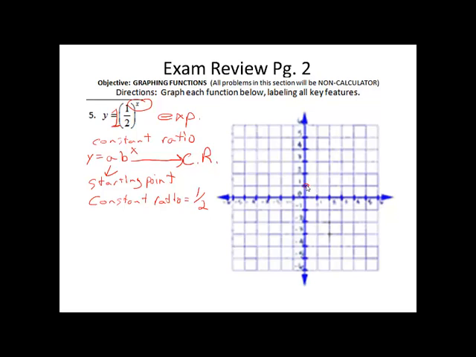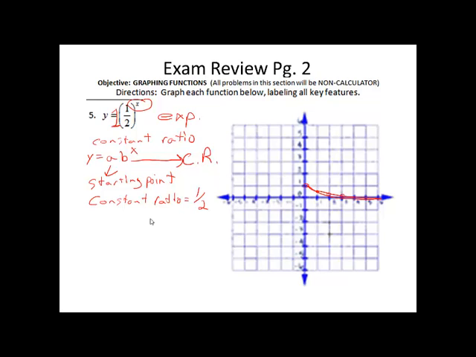So 1 times 1/2 is 1/2. 1/2 times 1/2 is 1/4. 1/4 times 1/2 is 1/8. So we can see that we're getting smaller and smaller and smaller. But we never, unlike my graph, we never go below that x-axis. We'll never have a y value there.